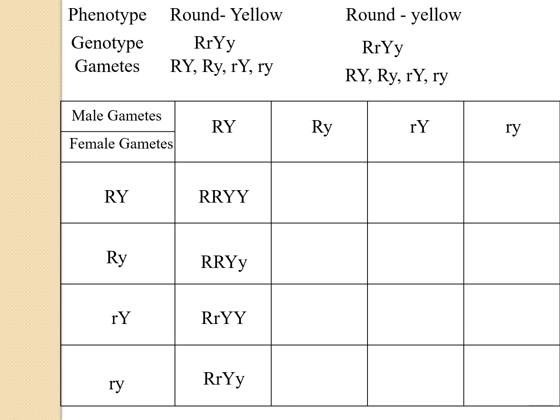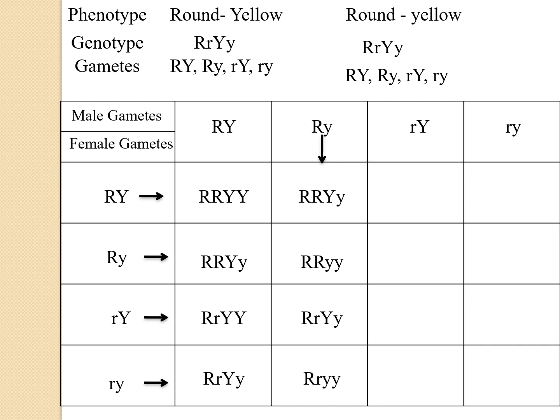Same thing you do with this next one also. Start with the second male gamete and the first female gamete. So here you have capital R, capital R, capital Y, small y. Second, capital R, capital R, small y, small y. Third, capital R, small r, capital Y, small y. And then you have capital R, small r, small y, small y.